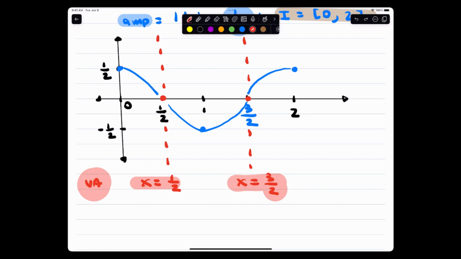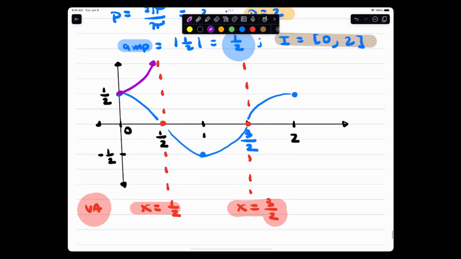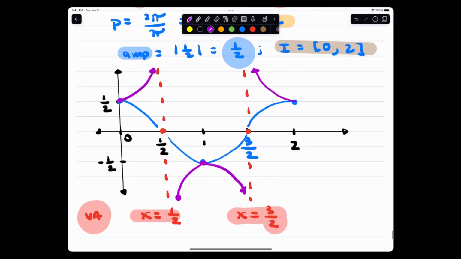And then sketch the what? Sketch the secant curve. And so you start again with the horns, right? There it is. And then you go to the upside down parabola here. And sometimes students will leave the cosine curve there and say, here you go, Mr. Judge, and that's fine.